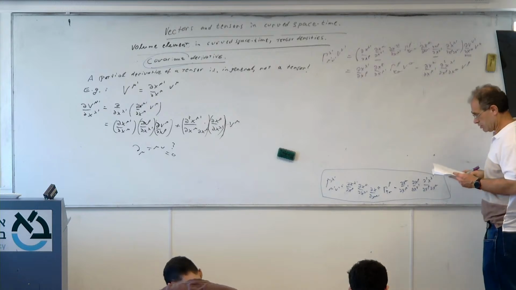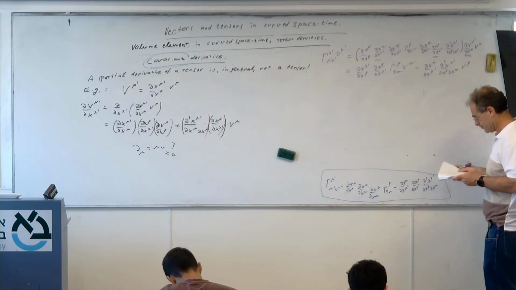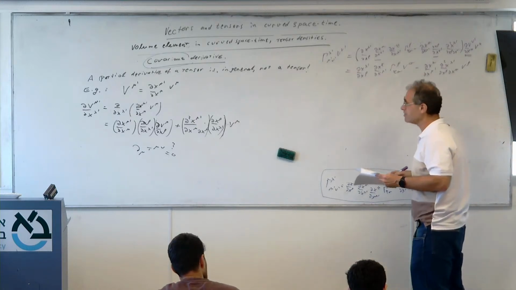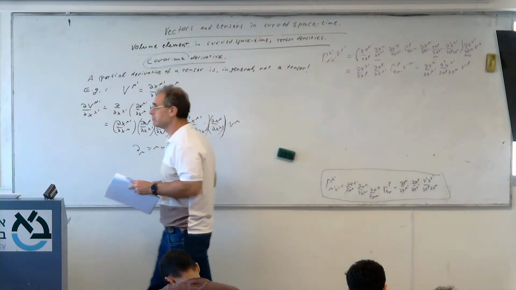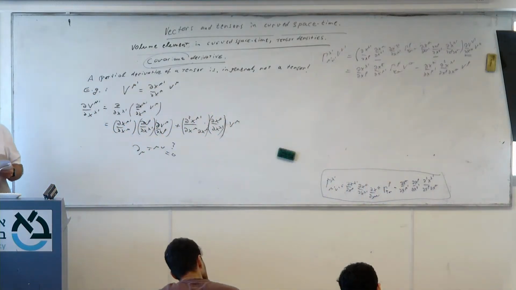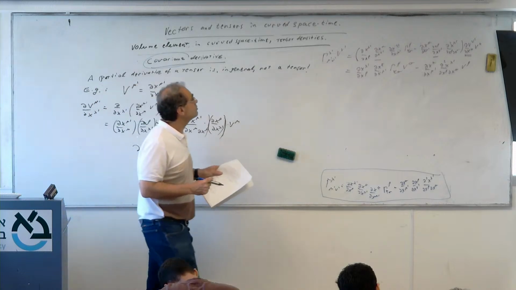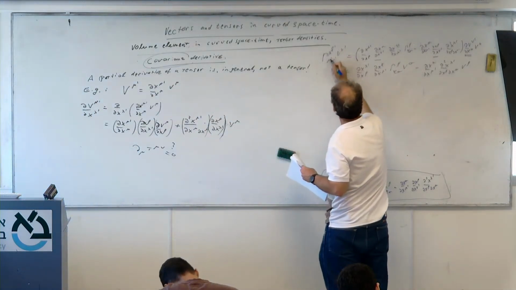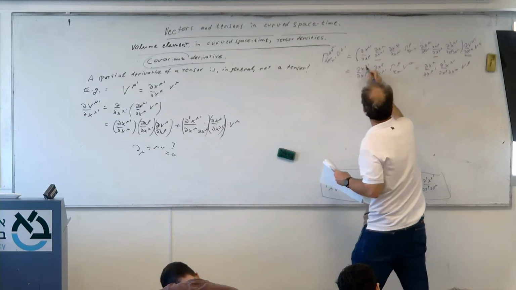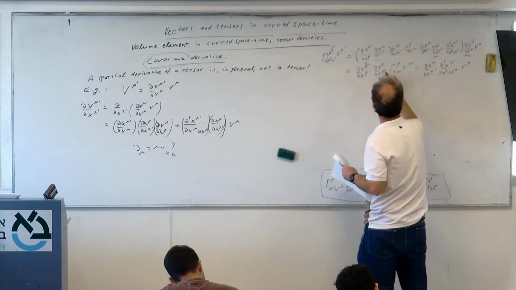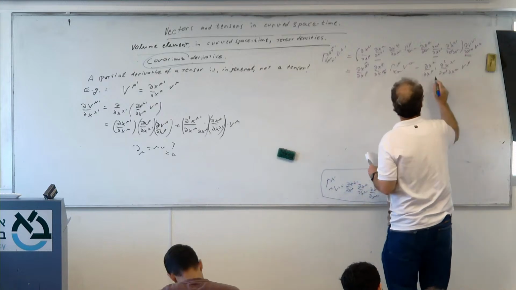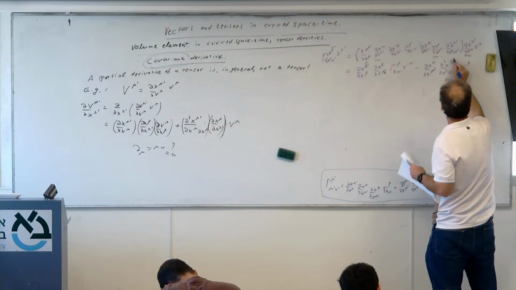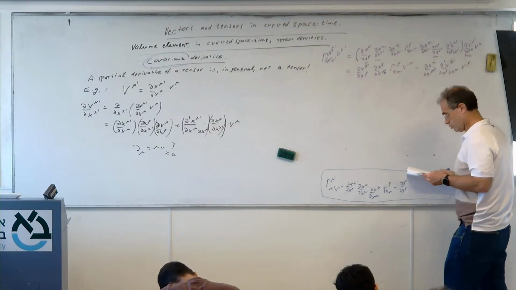Now I just want to slightly switch things here. I have plenty of dummy indices, and I have some indices that I want to change their names. So I want to switch the lambda prime and mu prime. I'll write it as mu prime and this is lambda prime. This is going to be a mu prime, this is going to be a lambda prime. And here too, this is going to be a lambda prime and this is going to be a mu prime. That's because I want to switch the names.